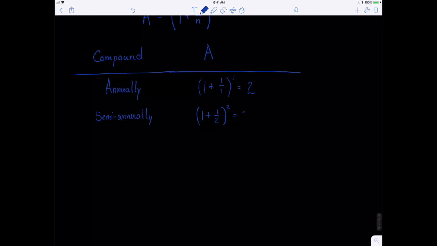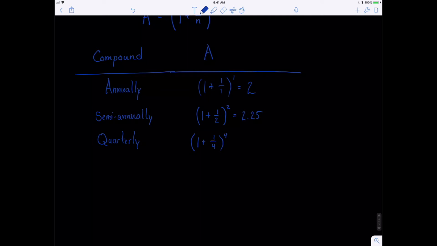This is going to give us 2.25. And it's from here on out that I'm going to need a calculator. So what if we compound quarterly? Well, that means 4 times in 1 year. So we have 1 plus 1 divided by 4, raised to the 4th.